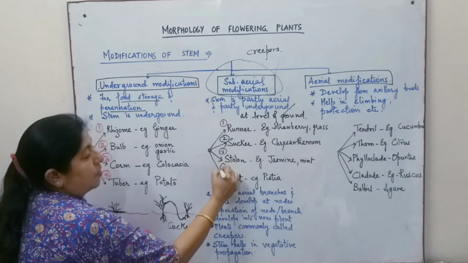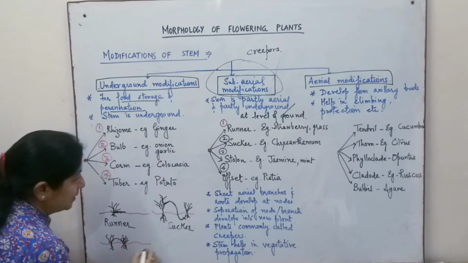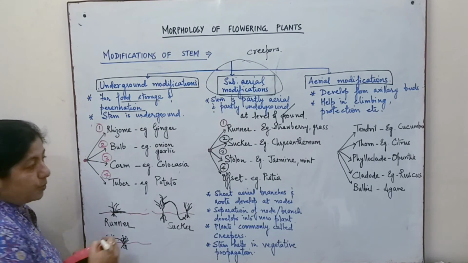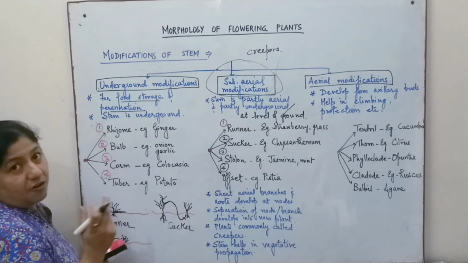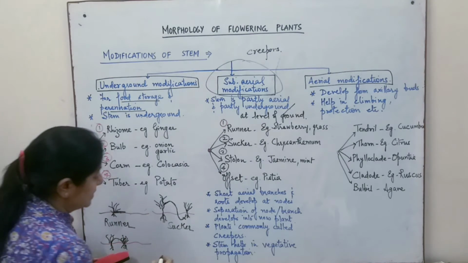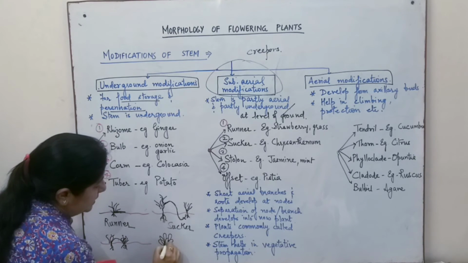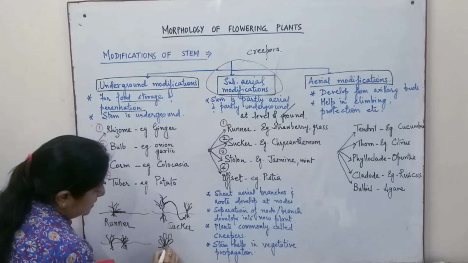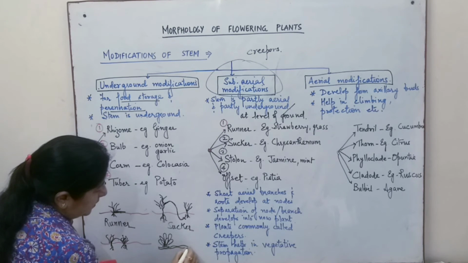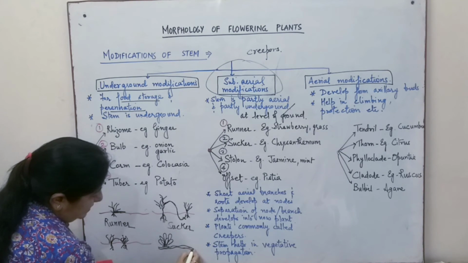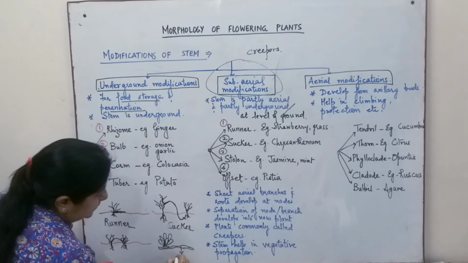The fourth is the offset type. We find this mostly in aquatic plants. Pistia or water hyacinth is a very good example, where a tuft of leaves, a group of leaves, is present, and this is the stem of the aquatic plant, and this is the offset.